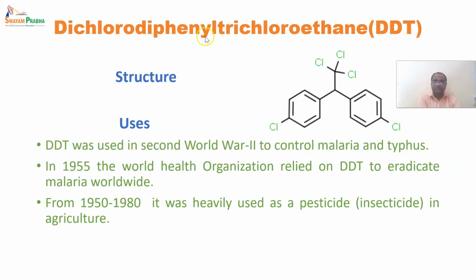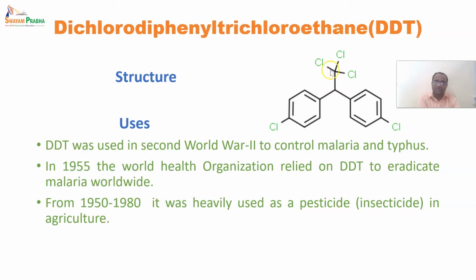So the first derivative is diphenyl trichloroethane, and it is shortly called DDT. And why is it dichloro? Here you can see a dichloro at both the phenyl rings, and this diphenyl is combined with trichloroethane. So trichloroethane means carbon number 1 and carbon number 2.